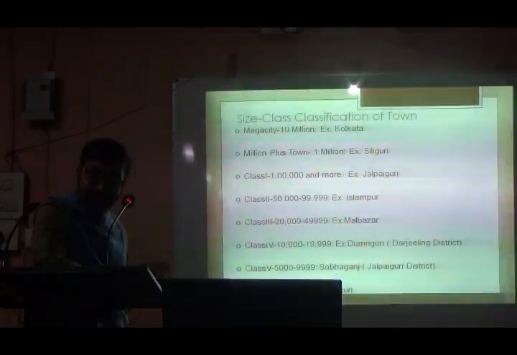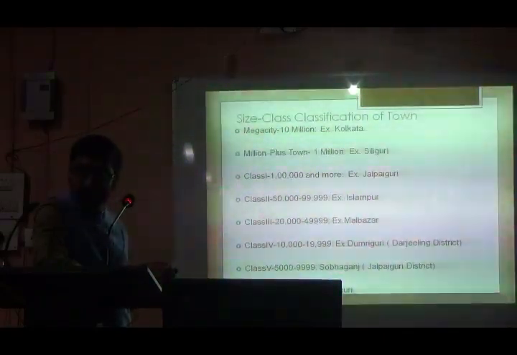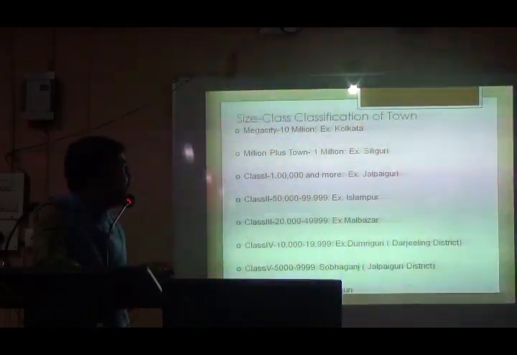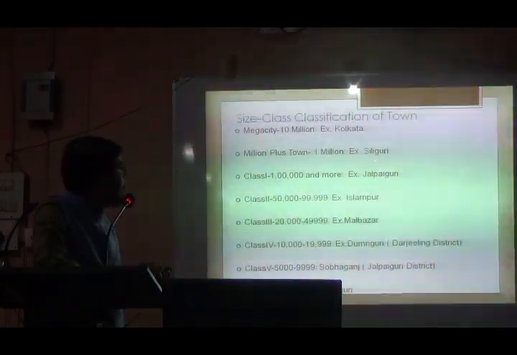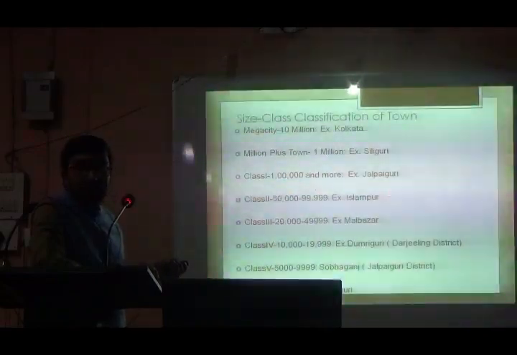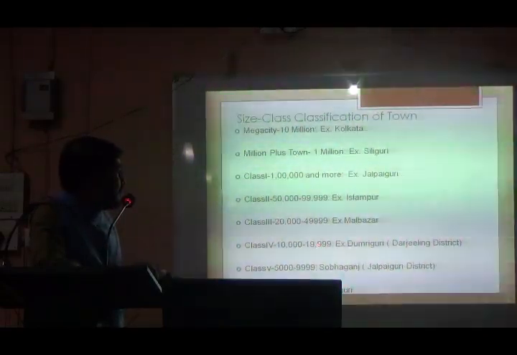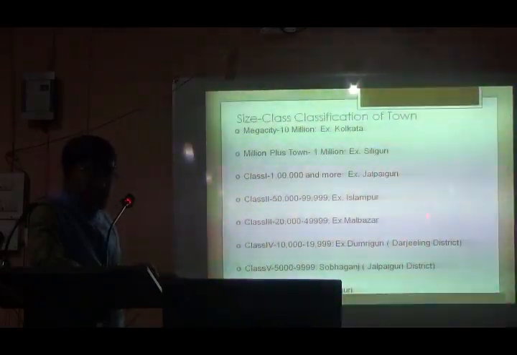If it reaches the limit of 10 million, then it must be treated as a megacity. Siliguri, our town, is an example of a million plus city. Here I am trying to incorporate examples from North Bengal.